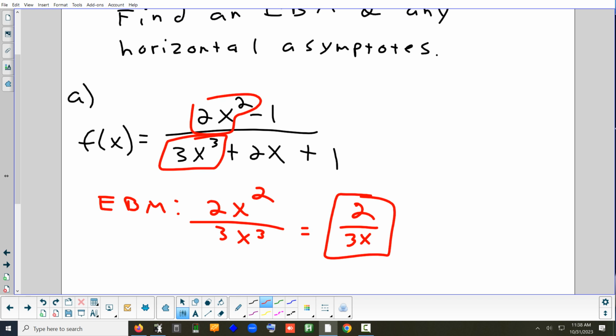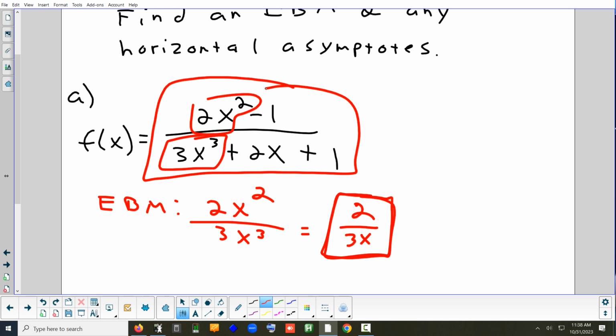So the idea here is if you put this in y1 and you put the original problem in y2 and you zoom out far enough, they're going to look exactly the same. This is like a simplified version of that. And the reason it's simplified is because pretend x is in the millions.